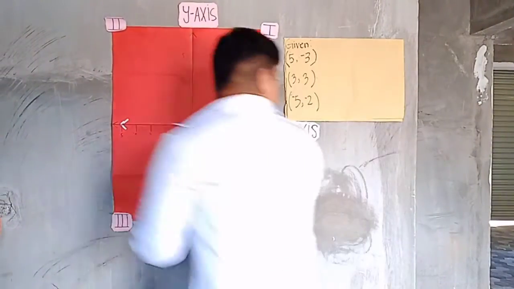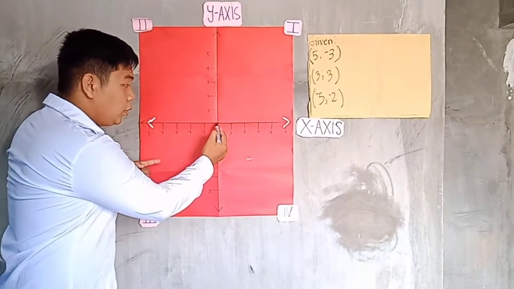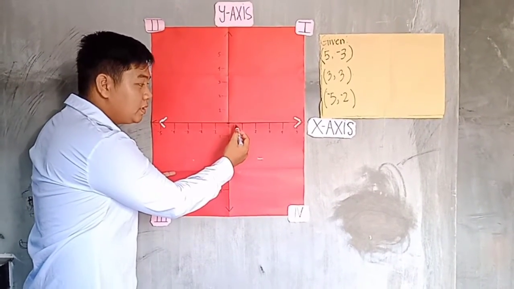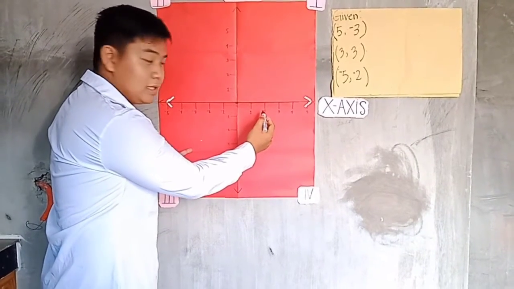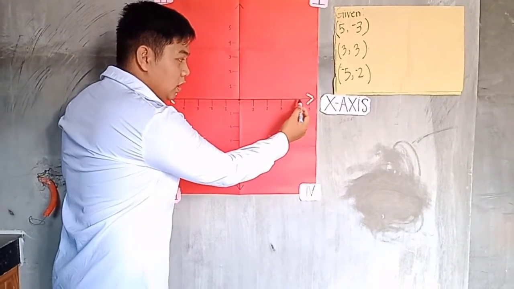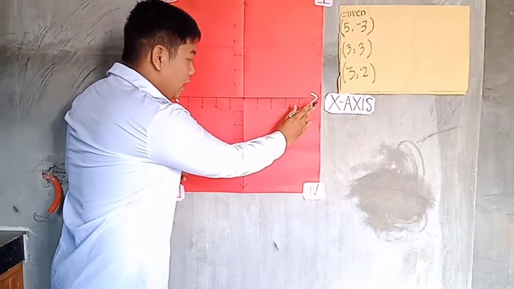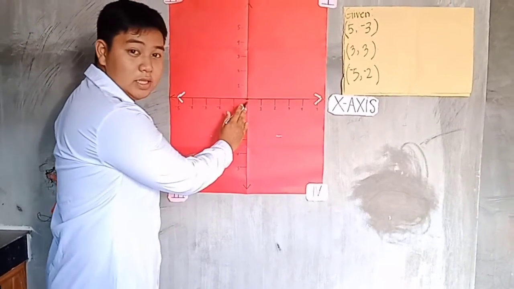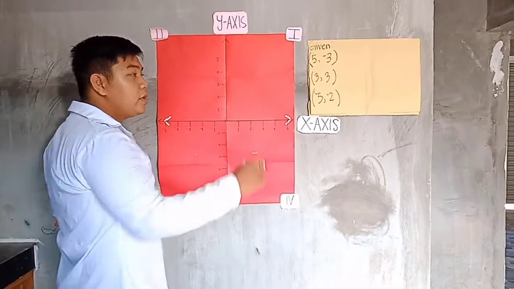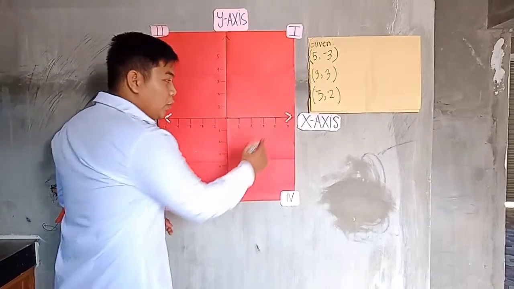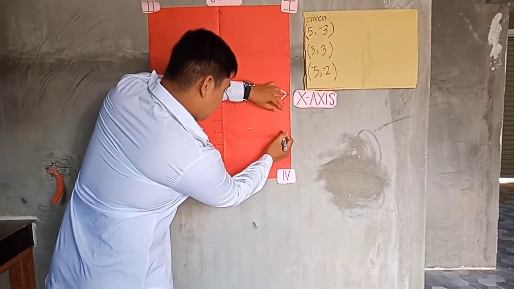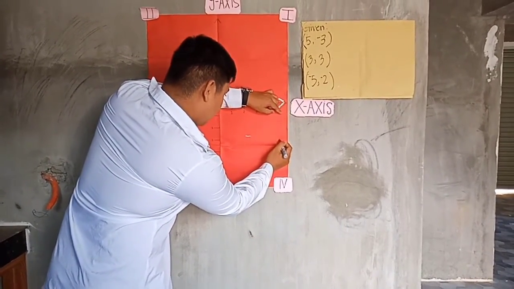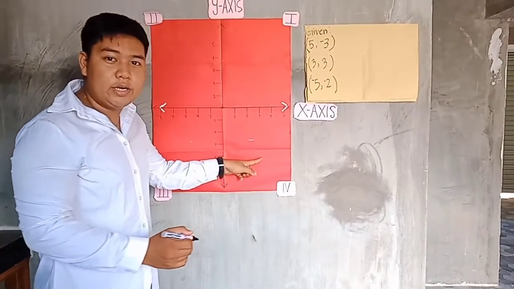Start from the origin. We will move 5 units along the x-axis: 1, 2, 3, 4, 5. And back to the origin. Since our ordinate is negative 3, we will move downward, and our point here is located in quadrant 4.